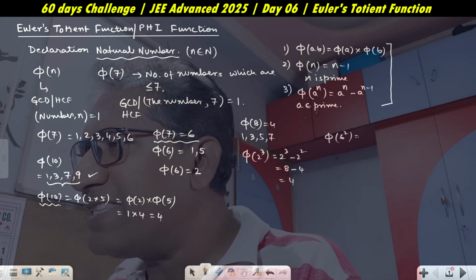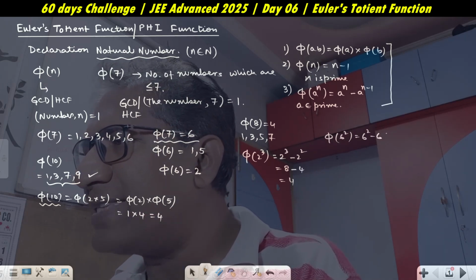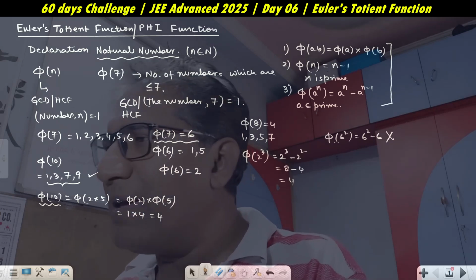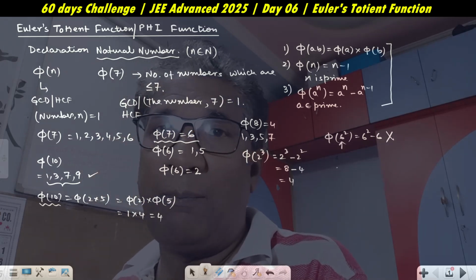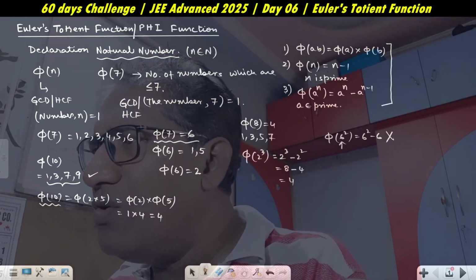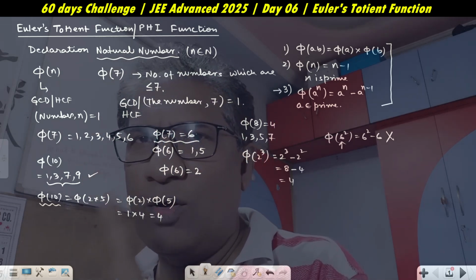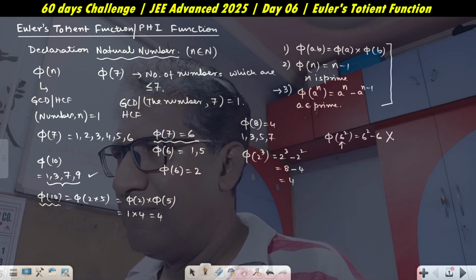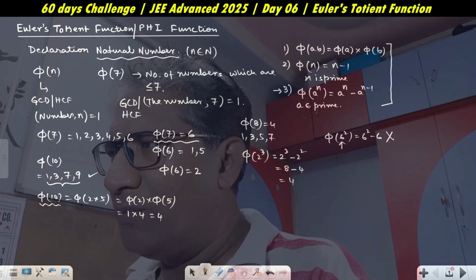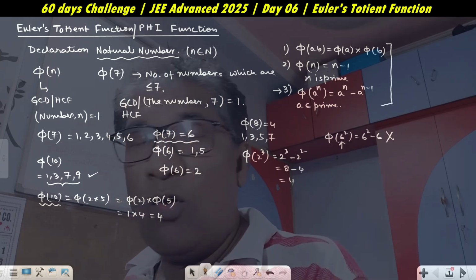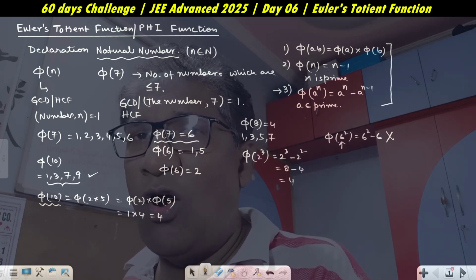In this case, if you write 6 square minus 6, then it will be wrong. Why? Because 6 is not a prime. So whenever you are using this third formula, always remember that a is your prime. Is it clear?